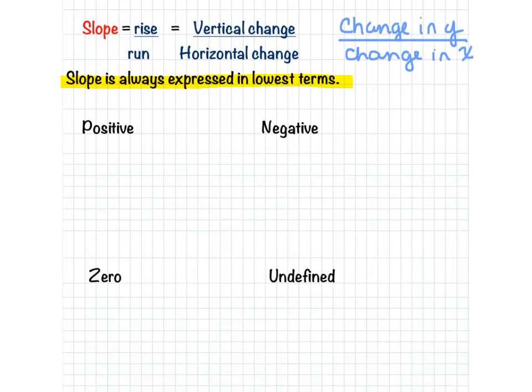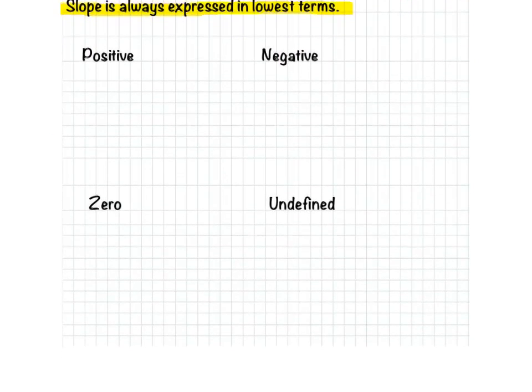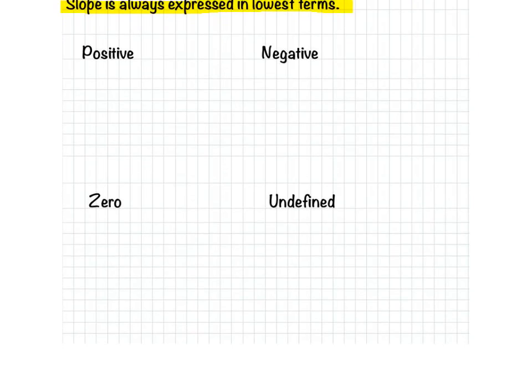Okay, so just as far as generalities concerning slope, here's what you need to know. A line that rises from left to right has a positive slope.